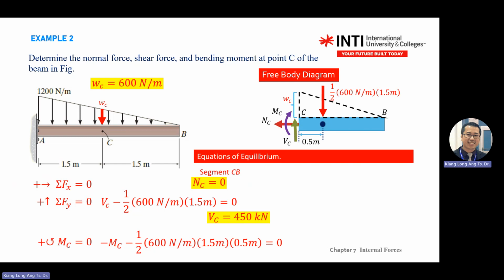This one is clockwise direction, so you get negative. When you solve, you get your MC as a negative value. So when you get a negative value, it means what you drew in your free body diagram actually is wrong. You need to flip the direction.